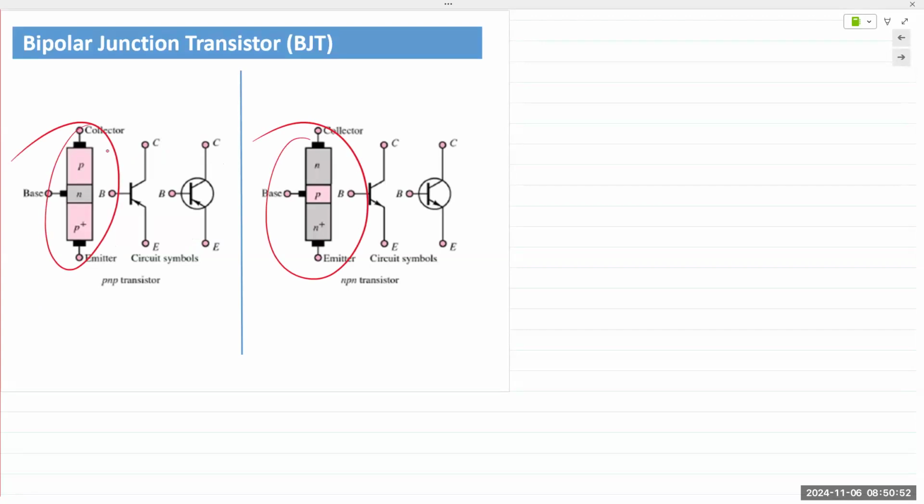For our explanation purposes, we will pretty much focus on NPN transistors. If the arrow is coming out, then it's an NPN transistor. If the arrow is going in, it's a PNP transistor. Okay. MOSFETs are with straight lines. BJTs, the lines are at an angle. Okay.